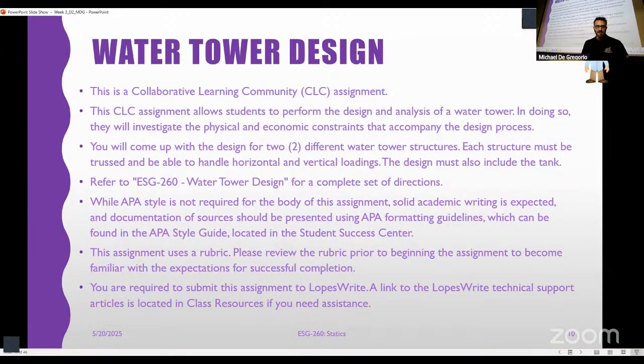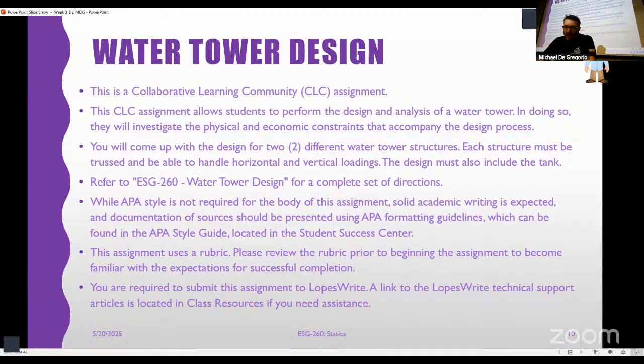Each structure must be trussed and be able to handle horizontal and vertical loadings, and the design must also include the tank. So it's not that you're just designing the truss, you actually have to attach the tank to it, because that's the whole point of the water tower, is to store the water in the tank and make sure that it doesn't fall down.